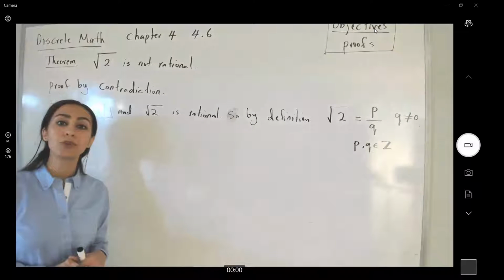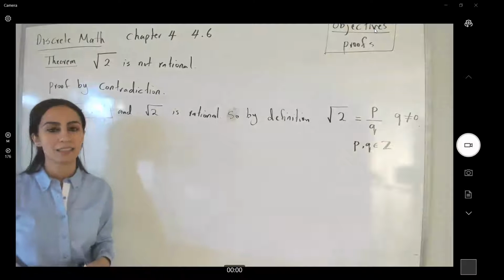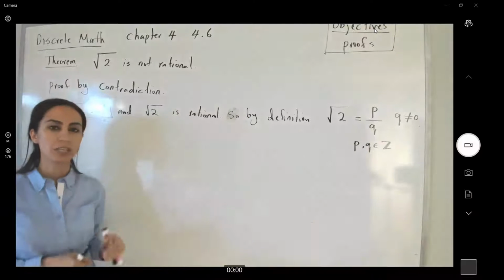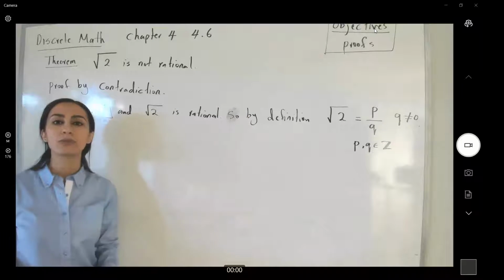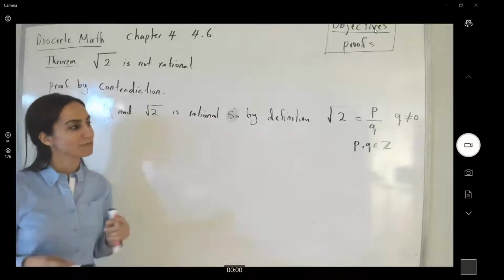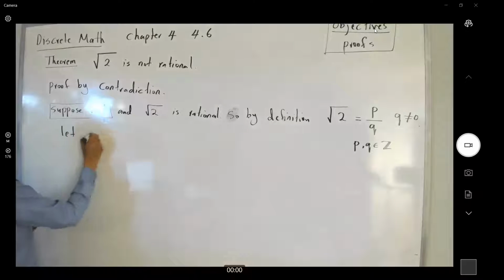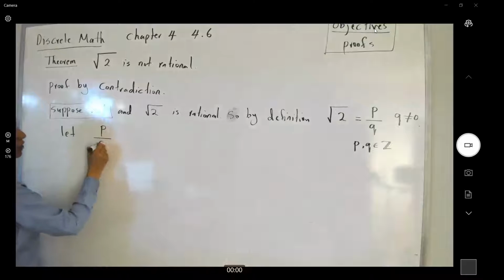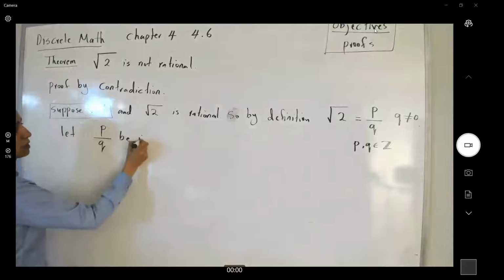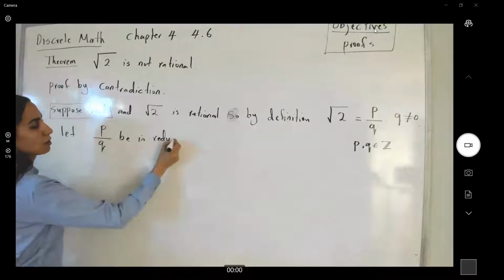I'm going to also impose that this fraction is in reduced form. Let P divided by Q be in reduced form.